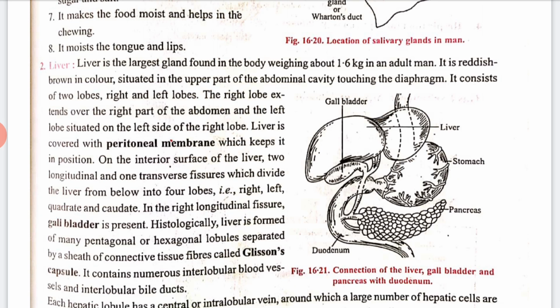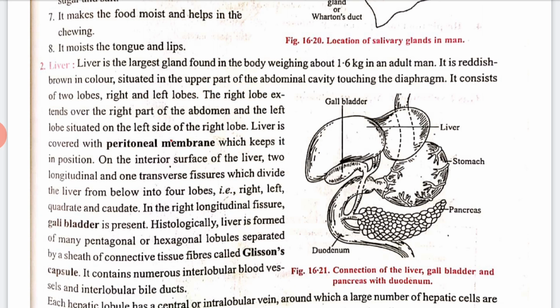Each hepatic lobule has a central or intralobular vein surrounded by a large number of hepatic cells arranged in single rows, forming the hepatic cords.